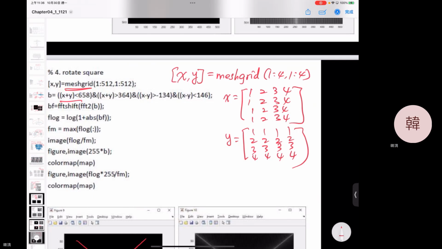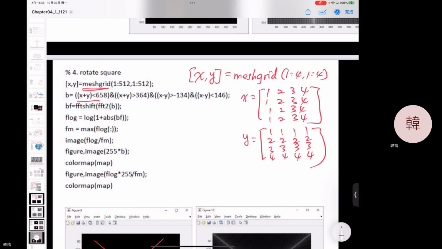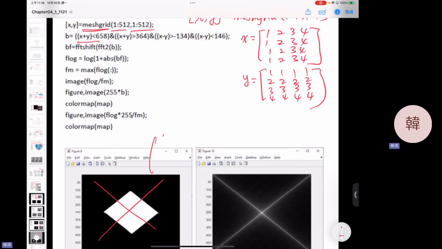Okay. So with meshgrid, I'm going to create an image of size 512 by 512, and I'm going to create this diamond image. How can you design this image? It's just an overlapping.